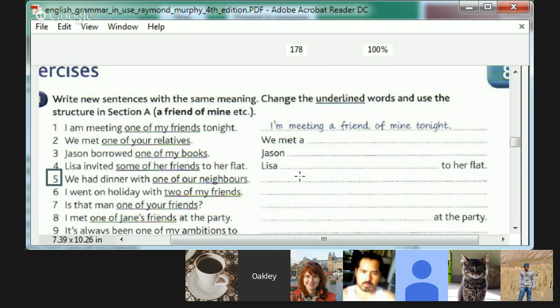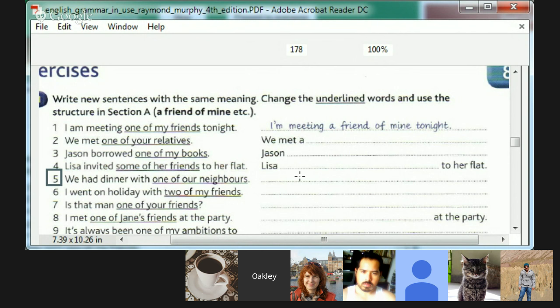We had dinner with one of the neighbors of ours. Simplify it a little bit. We had dinner with a neighbor of ours. You probably wouldn't bother to say one of our neighbors.